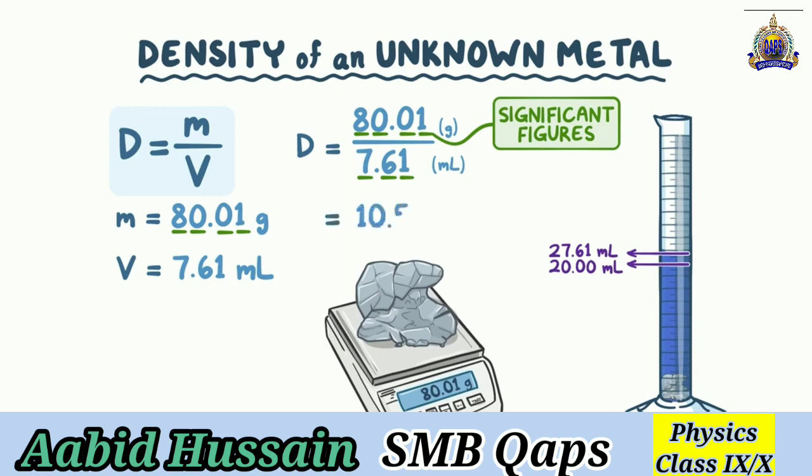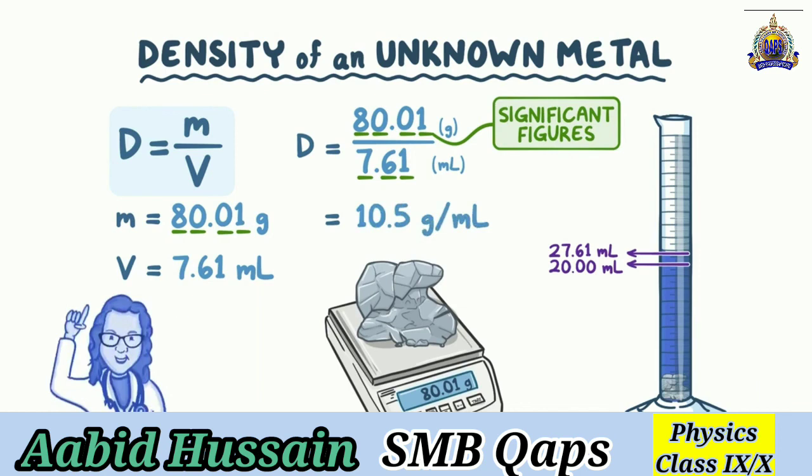So our answer will be 10.5 gram per ml. This is the density of that unknown metal, so we can say that this is silver.